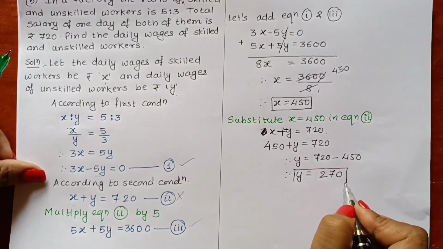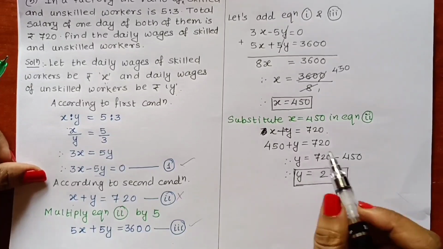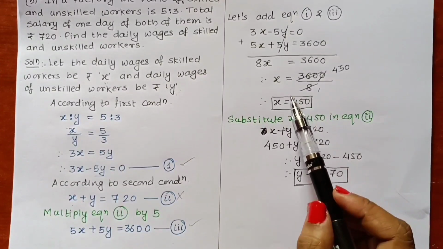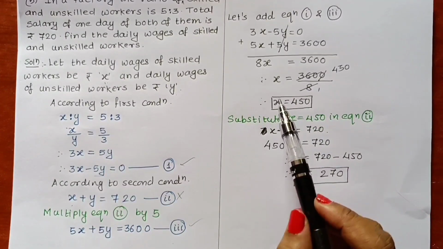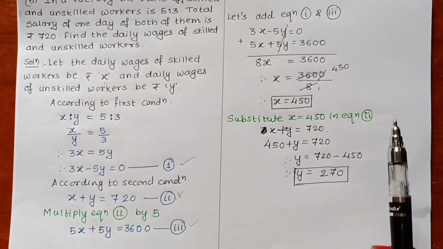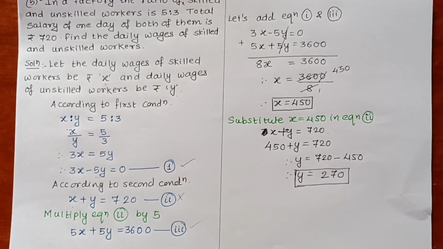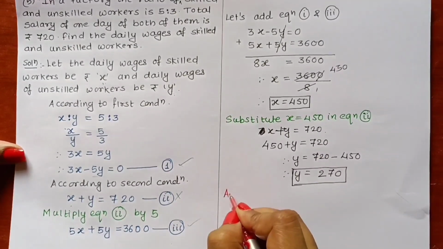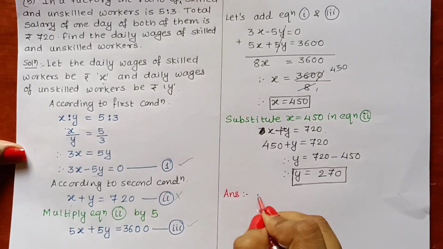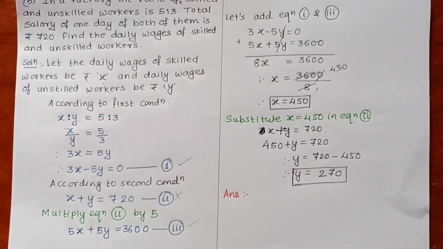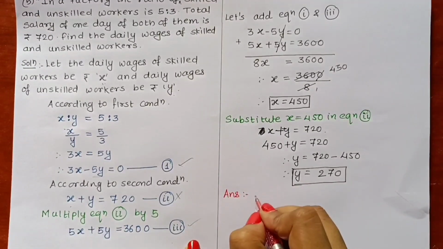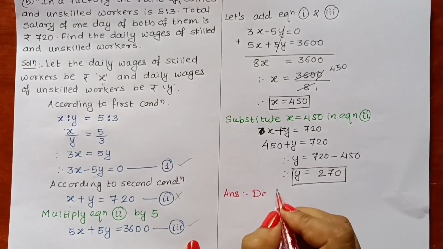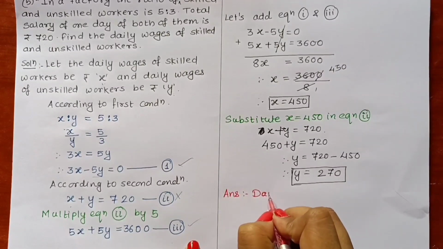So in this way we have got the daily wages of skilled and unskilled workers. Daily wages of skilled workers we have assumed x, and daily wages of unskilled workers we have assumed y. So from this we can write our answer statement. Therefore the answer is, the answer statement you have to write very carefully, and it is very important to write it in a word problem.